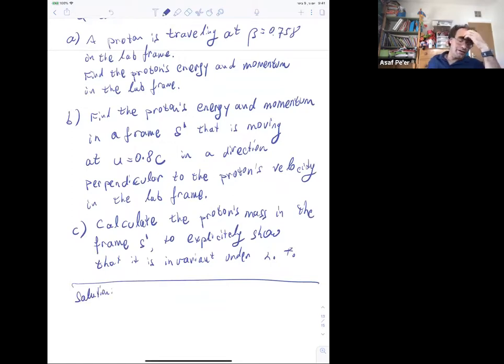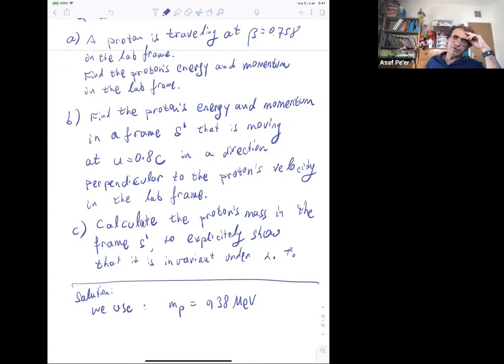We're going to use the known rest mass of the proton, which you can find in Google, but you should look for a place called PDG, the Particle Data Group. I'll send you their location. The mass of the proton is 938 MeV. It's nearly 1 GeV. It's not a coincidence, of course.